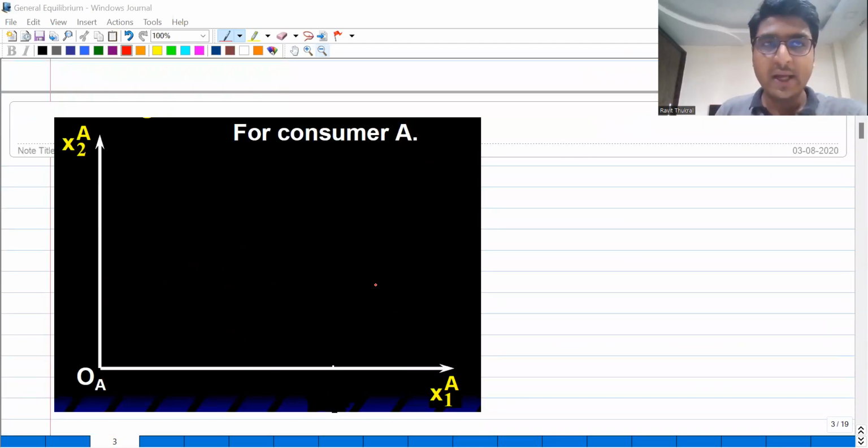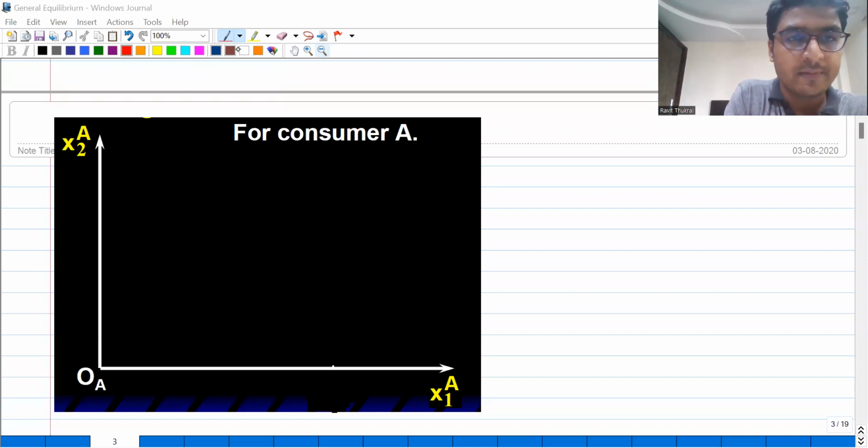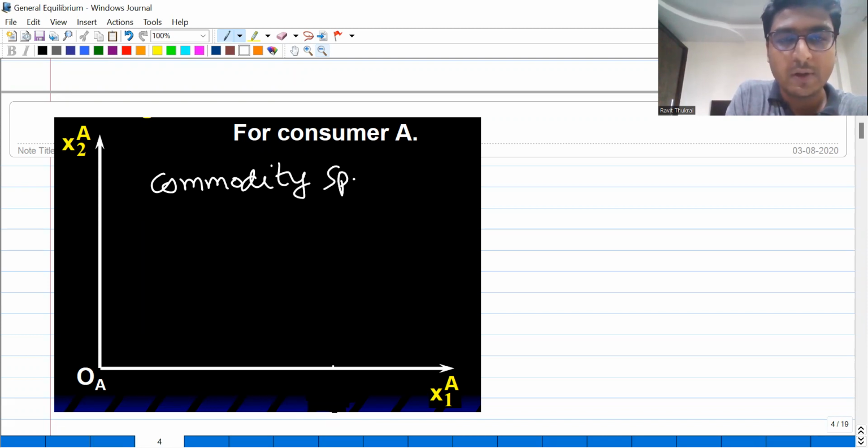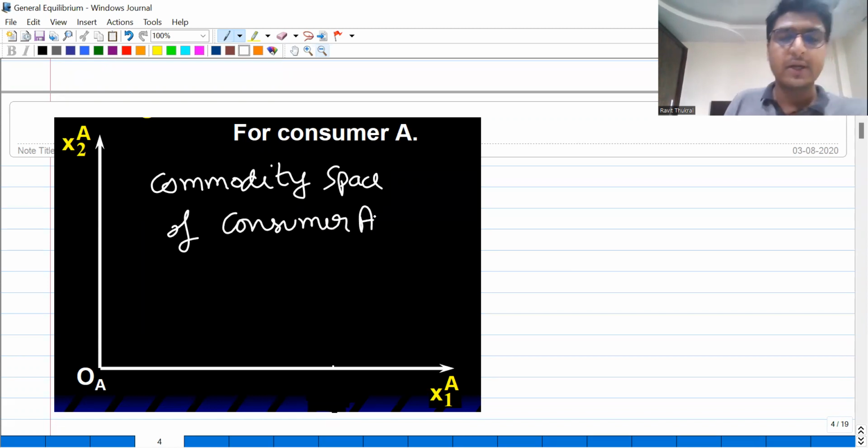So for consumer A, I can locate his consumption bundles in this commodity space, right? So this is the commodity space of consumer A. Okay. On the x-axis, we have x1A. On the y-axis, we have x2A. What does that mean?